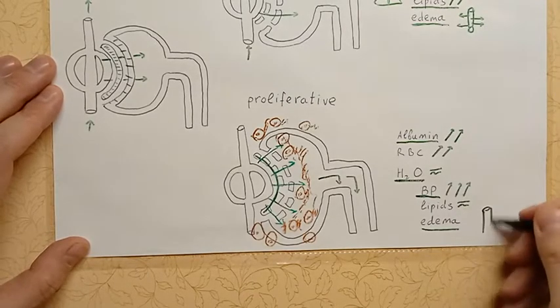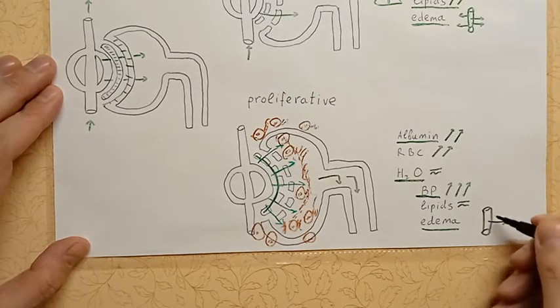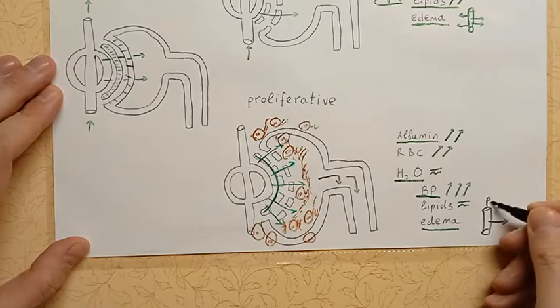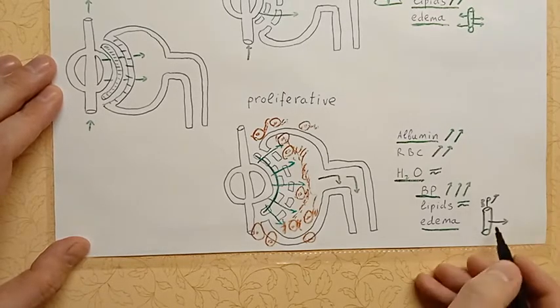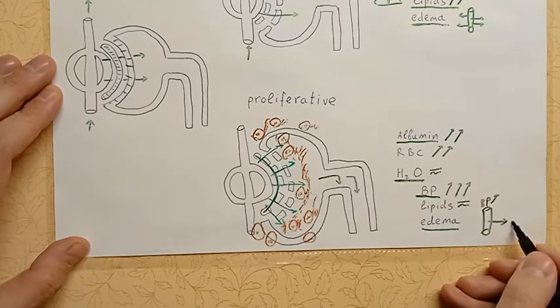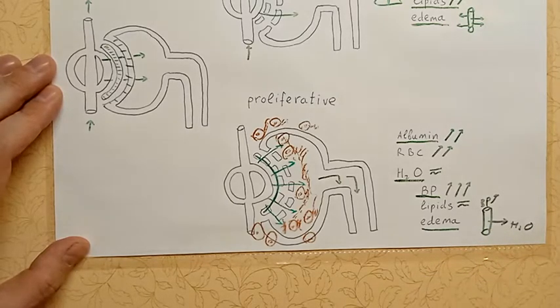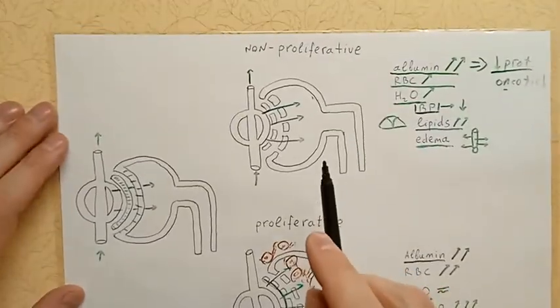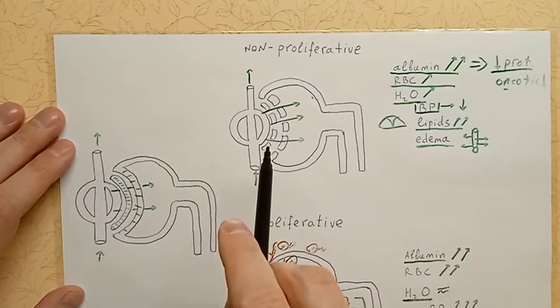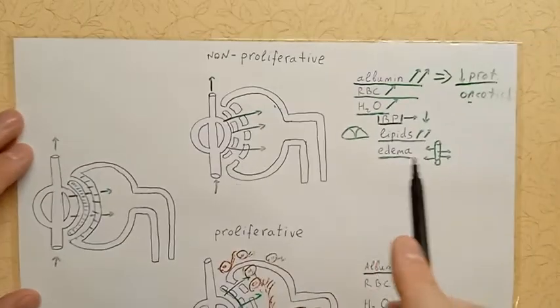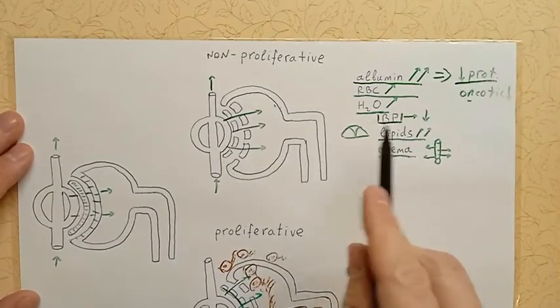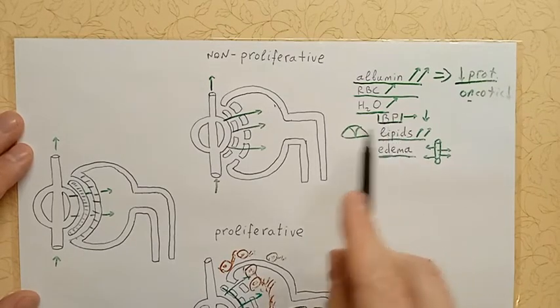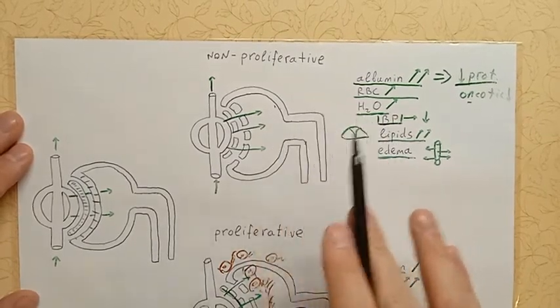That's why in this case edema happens due to increased blood pressure that compresses and pulls the water out of the vessels. Patients with non-proliferative glomerulonephritis will have low blood pressure, or normal, or a little bit high.